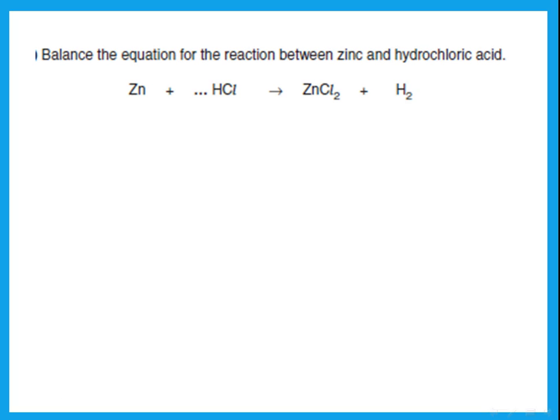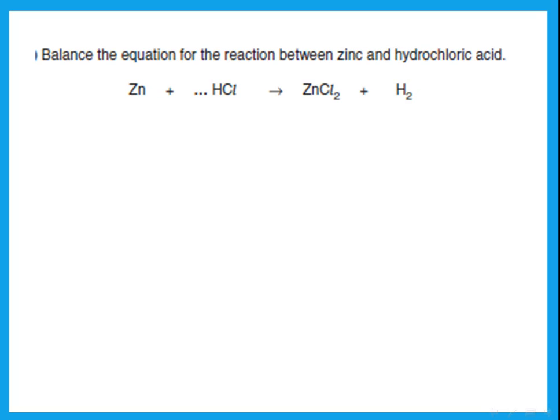So let's try balancing these equations. When you balance any equation, you look on both sides of the arrow. Can you see where the arrow is? Anything before the arrow are called reactants, and anything after the arrow is called product. Now, the total number of atoms in the reactants on the left side of the arrow have to be equal to the total number of atoms on the right side of the arrow for each element.